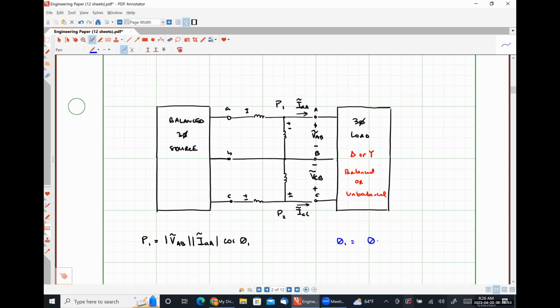So this is theta for VAB minus theta for IAA.